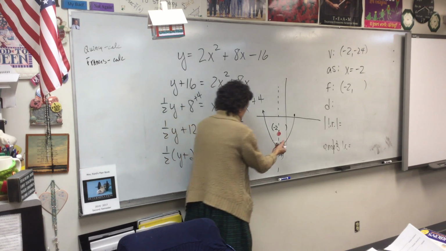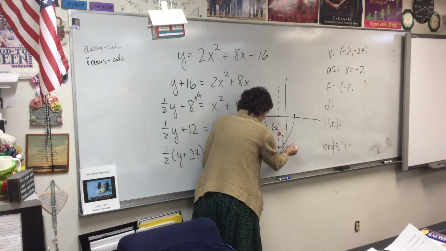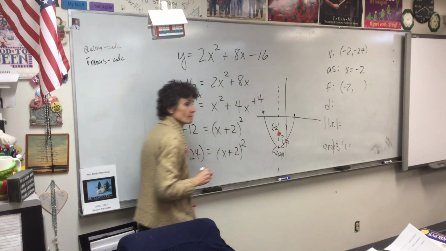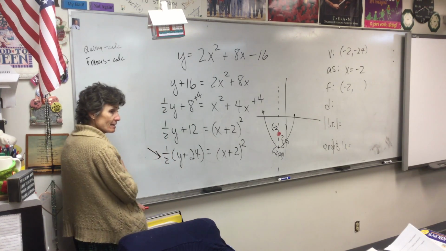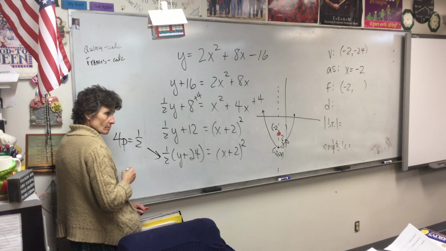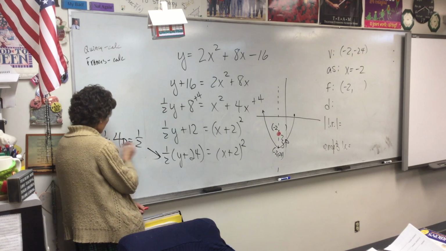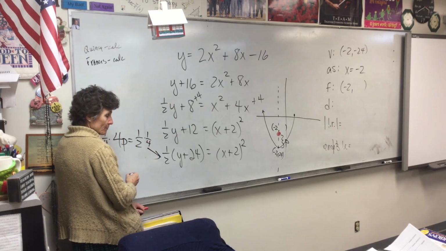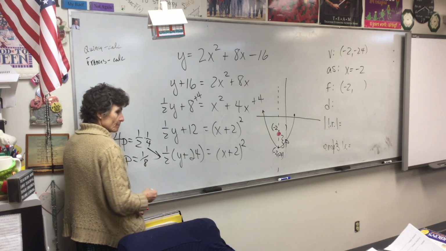Now, this distance right here is p. In my equation, that number is 4p. I'm going to multiply by a fourth. So what's p? 1/8.